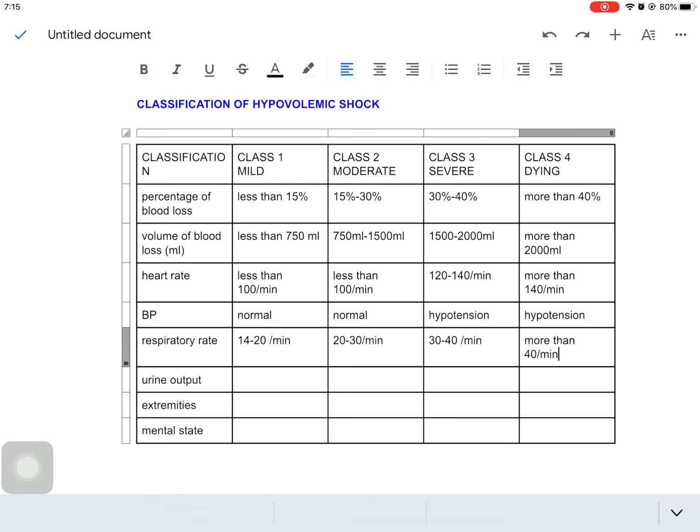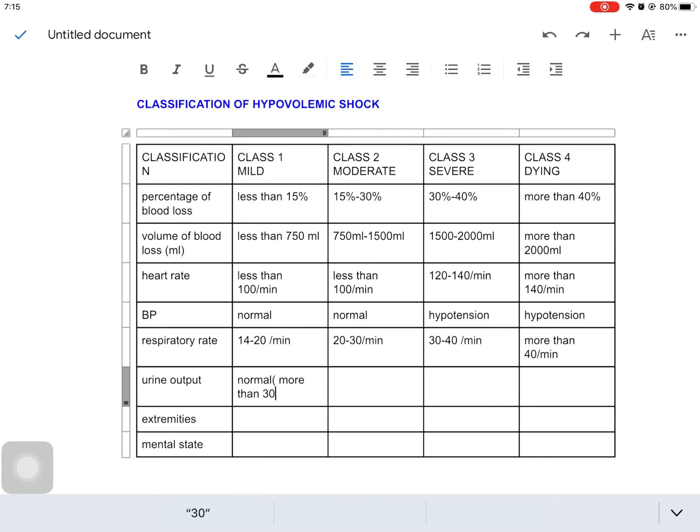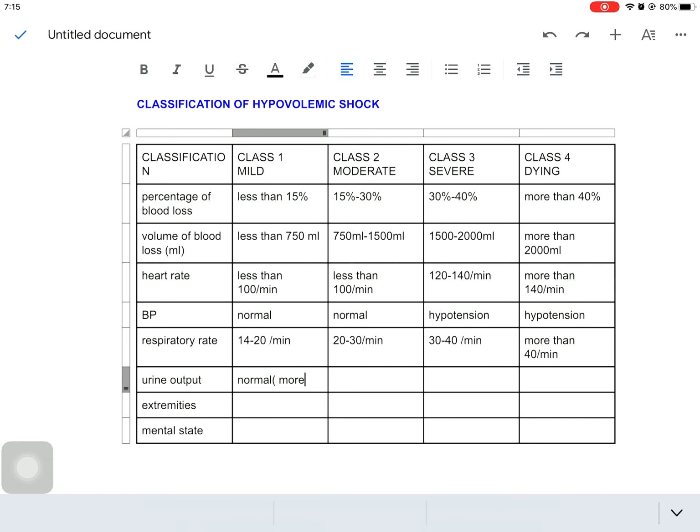Okay, so we are going to see the urine output. For class 1, usually the urine output will be normal, more than 30 milliliters.